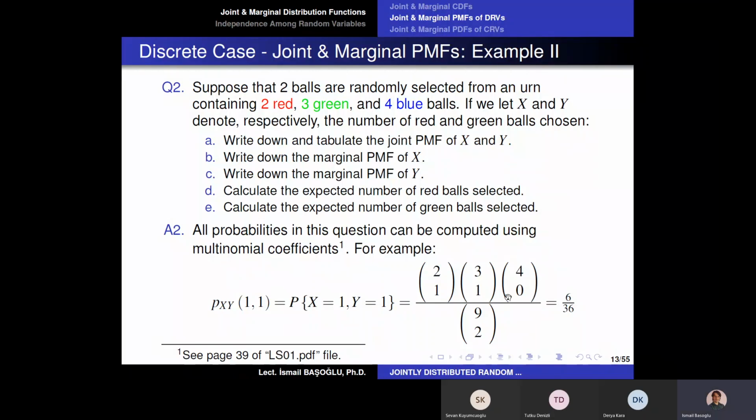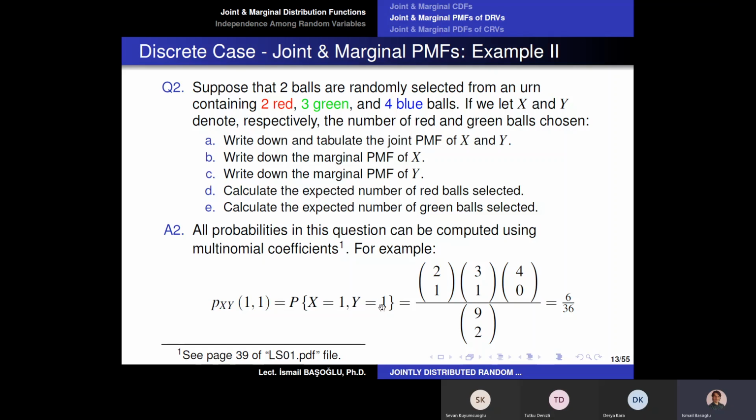That is going to simply make 1. Okay, that numerator is simply going to be equal to 1, and the probability is going to be 1 over 36.